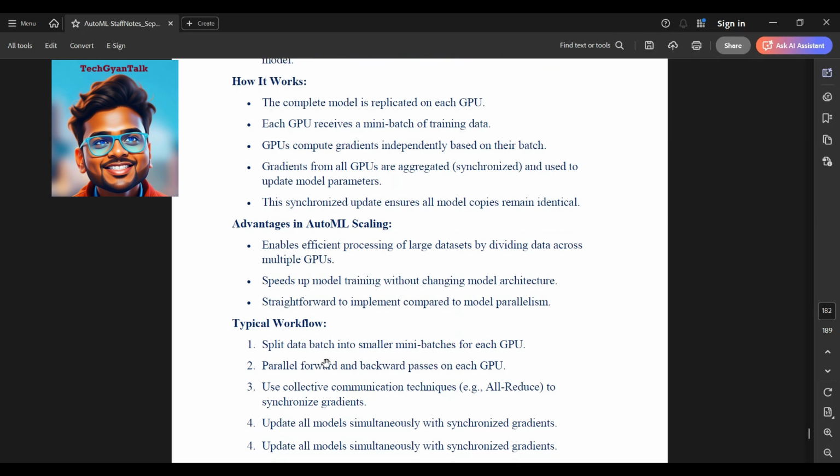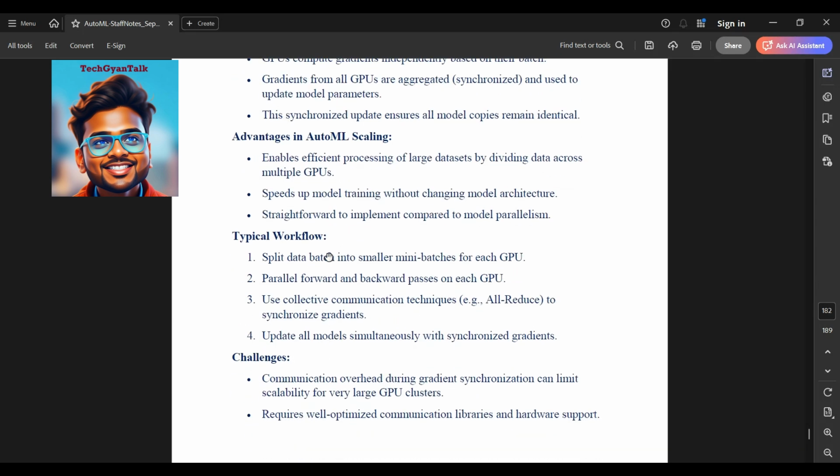The typical workflow is to split the data batch into smaller mini batches for each GPU, and run parallel forward and backward passes on each GPU. Use collective communication techniques, for example all-reduce, to synchronize gradients and update all models simultaneously with synchronized gradients.